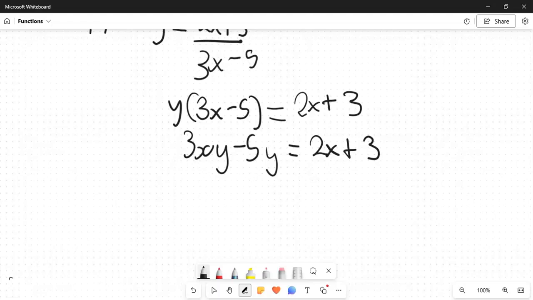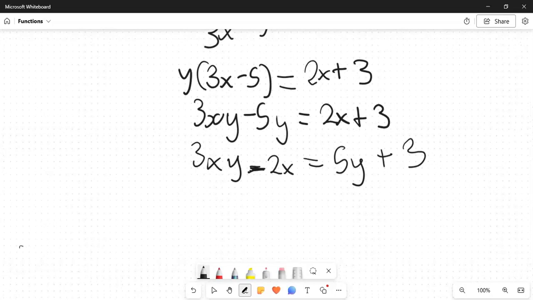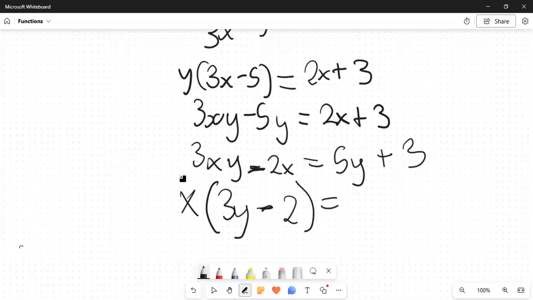Then we take these two terms to the other side, so it will be 3xy minus 2y equals 5x plus 3. Then we see which values here are common. So y is the common number. So the answer will be y into bracket 3x minus 2 equals 5x plus 3.